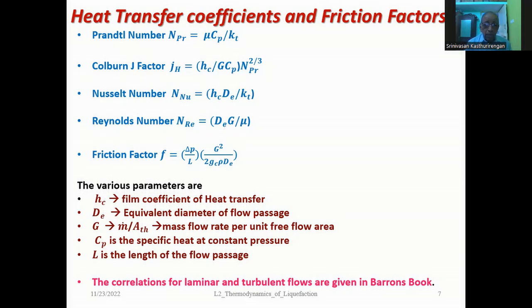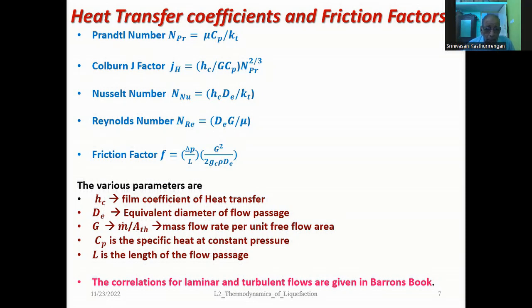The Nusselt number is given by N Nu, which is Hc dE by Kt. Hc represents the heat transfer coefficient, the film coefficient, dE is the effective or equivalent diameter of the flow passage, and Kt is again the thermal conductivity. Then we come across what is called the Reynolds number.